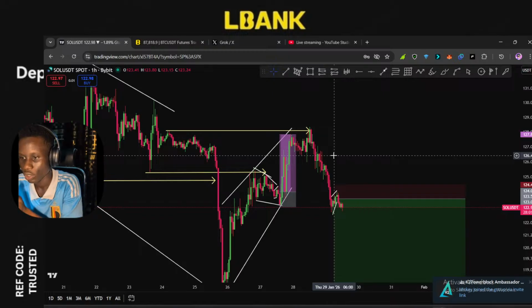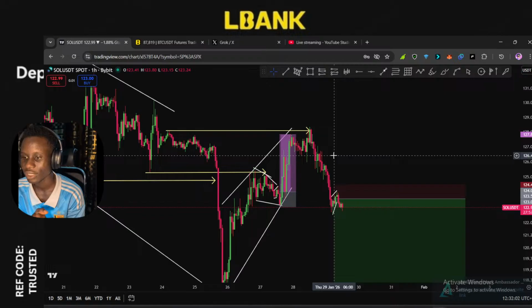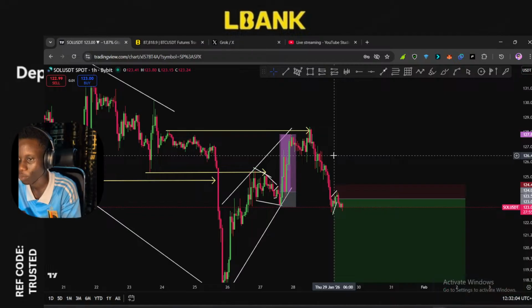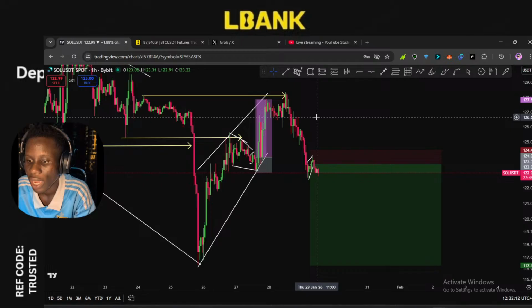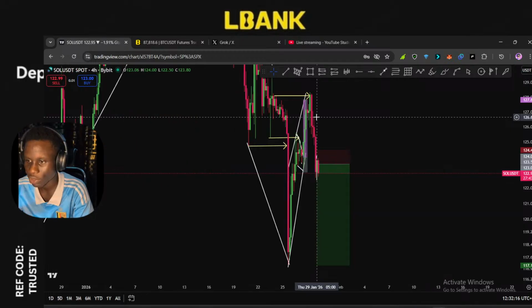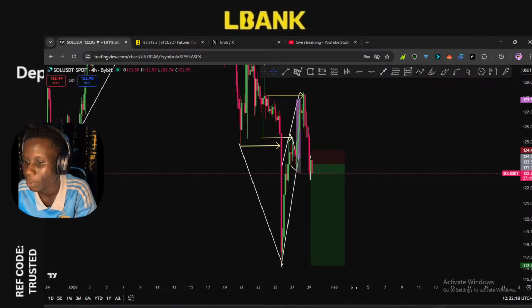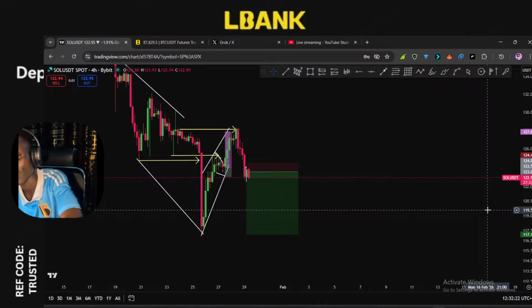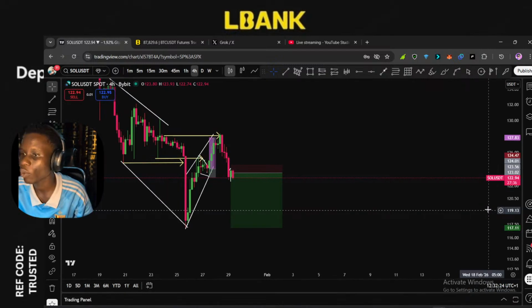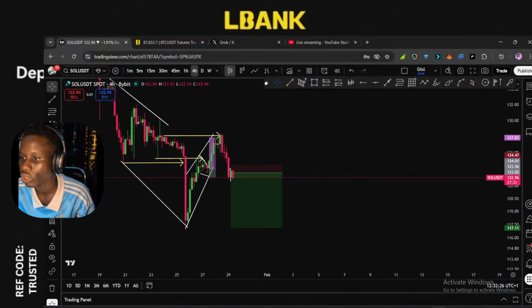So let's combine all this to find our high probability setup, while I will be explaining confirmation signals. So we have this on our 4 hours time frame, and let me just take the price back to where we have our rising wedge. All right.